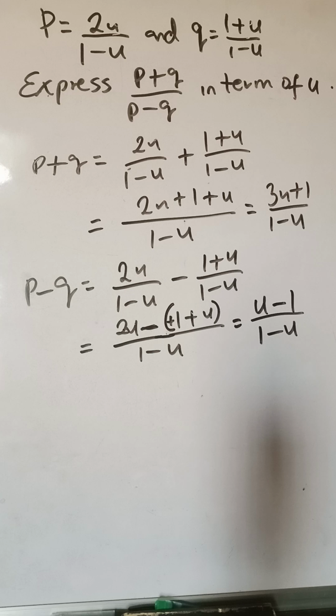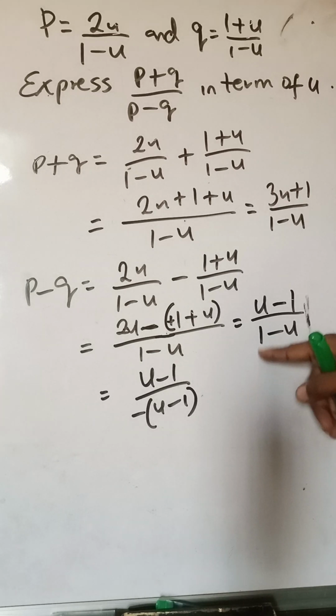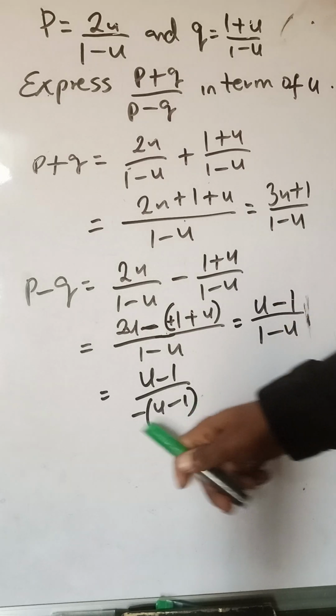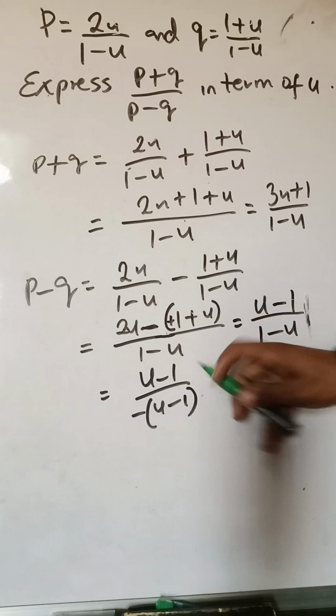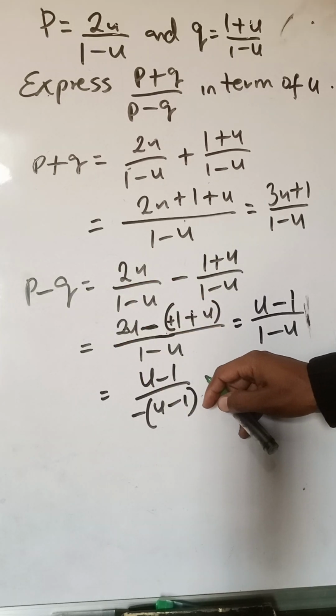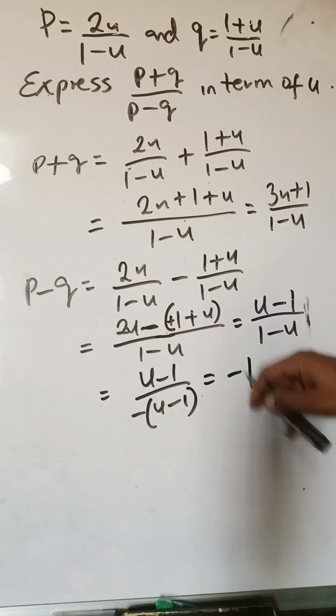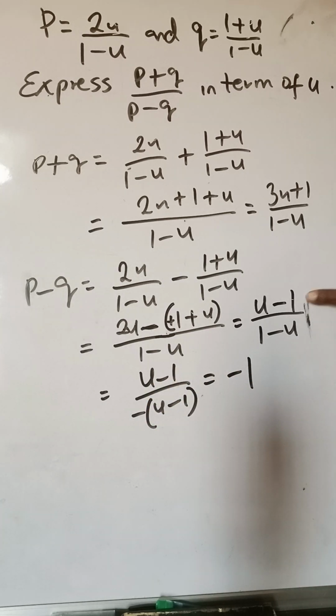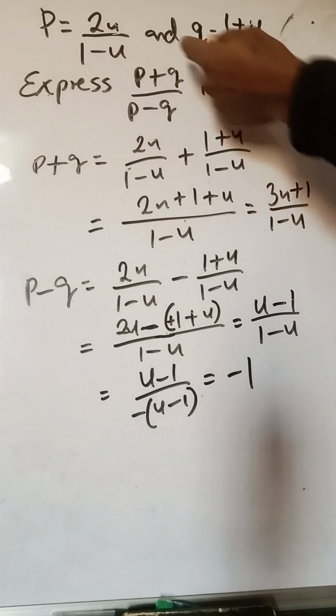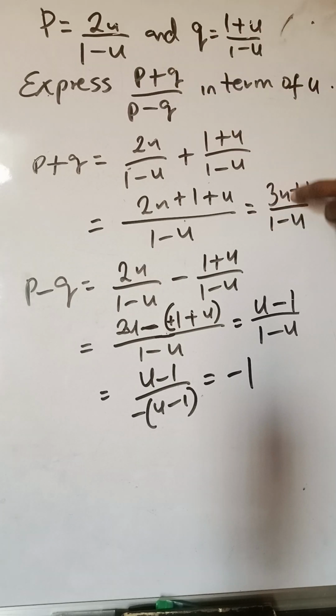Is this okay? Now 1 minus U, in its converse form, you can write it as minus U minus 1. And if you take it this way, that means your P minus Q is going to be minus 1 because the U minus 1 cancels out. But then some people would prefer to leave it this way and just divide your 3U plus 1 over 1 minus U by this.